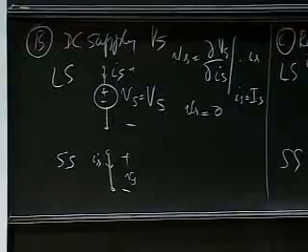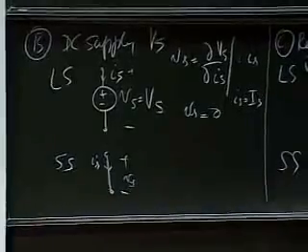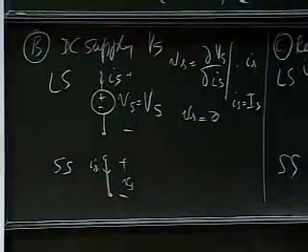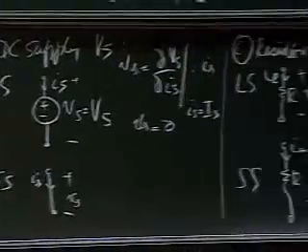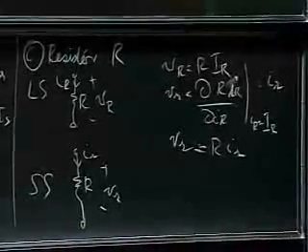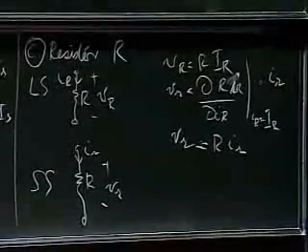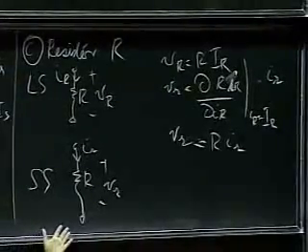The voltage doesn't change, so the small change in the voltage is 0. And that's the same thing as a short circuit. For a resistor, by how much does the voltage change if I change the current by a small amount? Well, it'll change by R times the current change. And that's the property of a resistor, R.